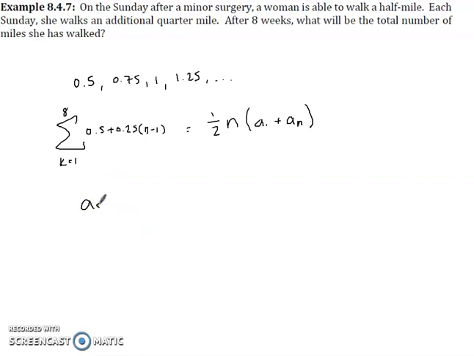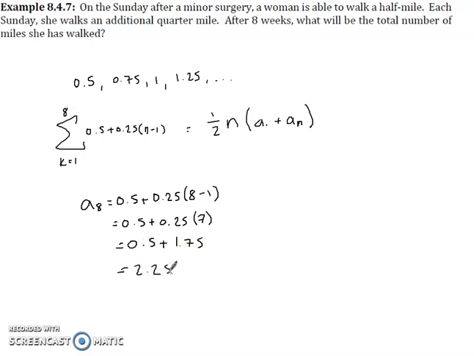So a sub 8 is going to be 0.5 plus 0.25 times 8 minus 1, or half a mile plus 0.25 added on for each of the 7 weeks after the first one. So 0.5 plus 1.75 is going to be 2.25. So that 8th week she walked 2.25 miles.